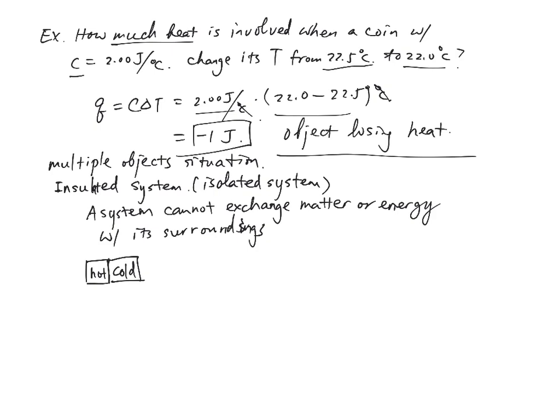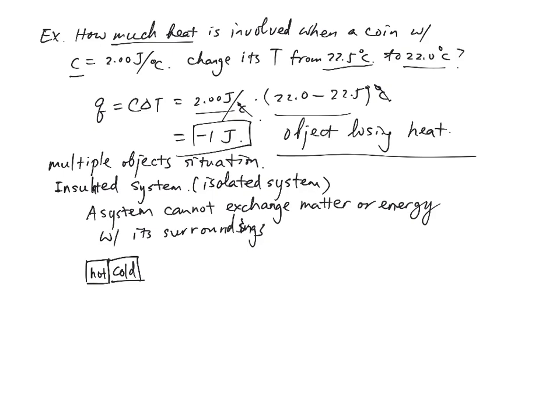The mug has been on the table for a while, so it is at room temperature. So obviously the two, the coffee and the mug, have a temperature difference. And when you have a temperature difference, you're always going to have heat transfer.